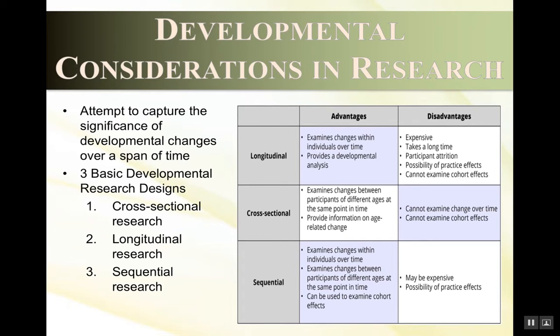Now, there are some disadvantages to this type of research design. It can be very expensive. Collecting data and following people over a span of time can be very expensive. It can also take a very long time. Participants can also drop out. So that could be an example too with state testing.